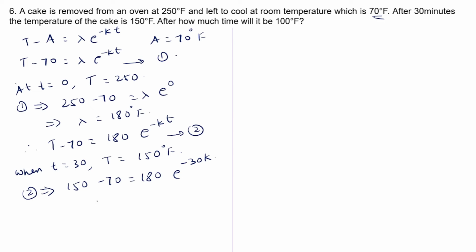So 150 minus 70 is 80. 80 is equal to 180 into e raised to minus 30k. Or we have e raised to 30k equal to 180 upon 80. Now this 180 upon 80 is equal to 2.25.